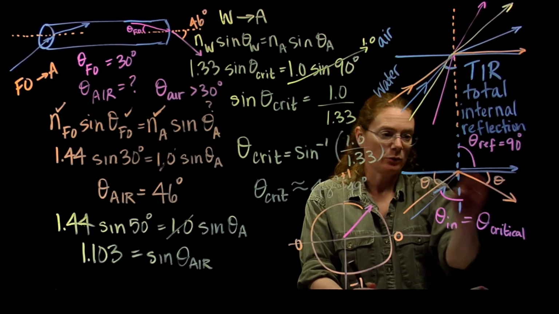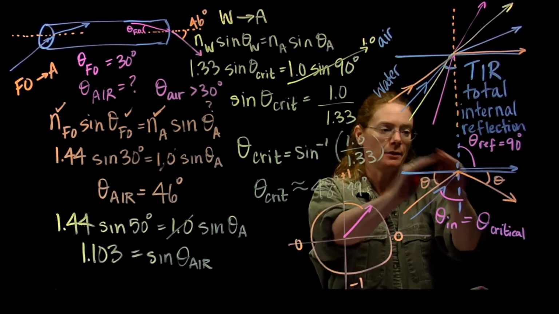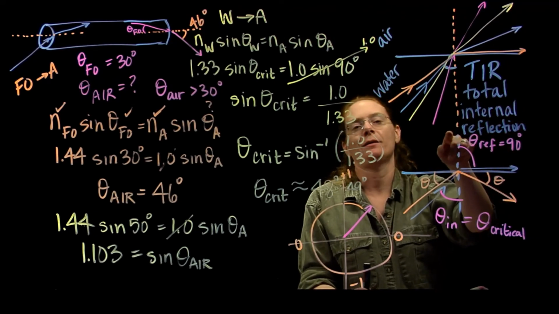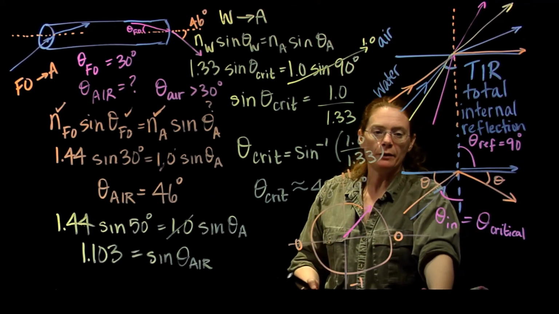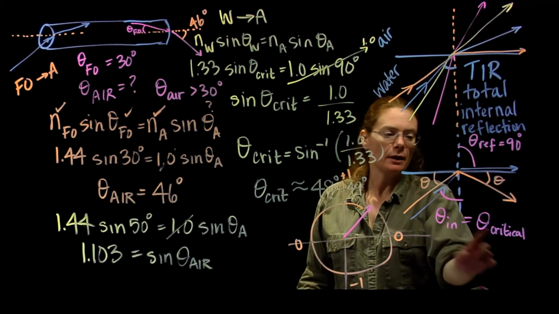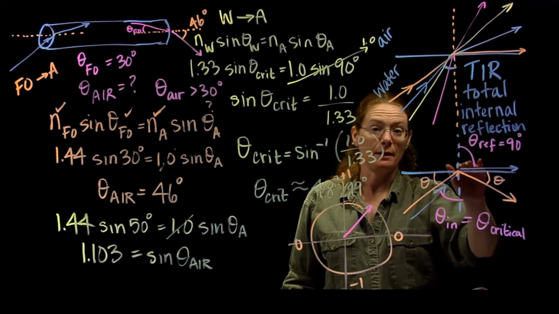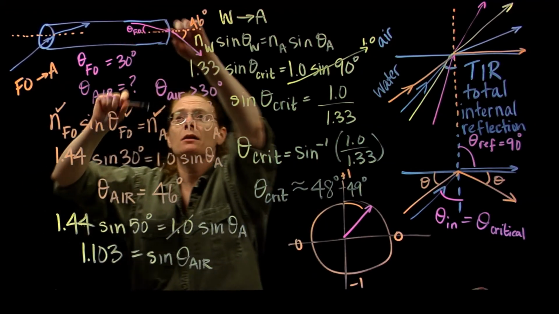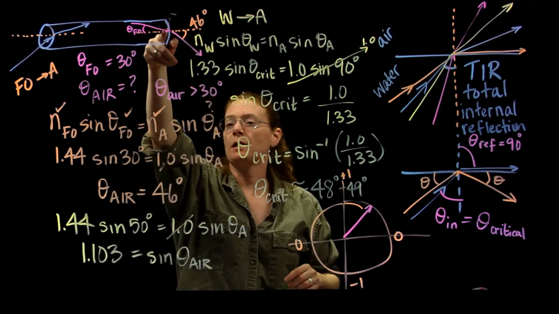Reflection because it's a bounce just like a mirror. Total internal, all of the light gets bounced off inside. So that's TIR. Whenever you have an angle greater than your critical angle, this is what's going to happen. It never leaves. So this light, if it comes in at 30 degrees, it will go out at 46.